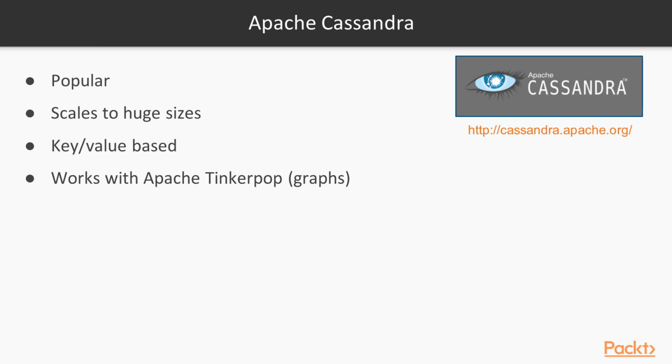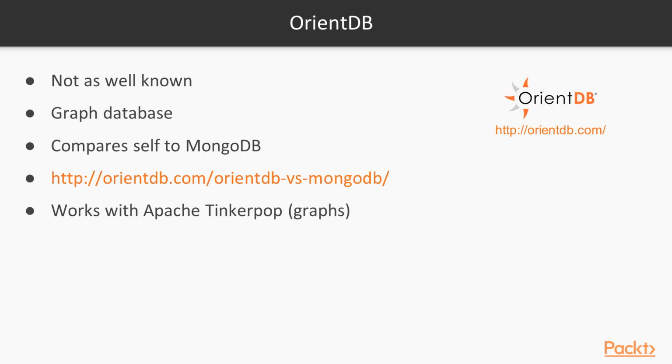And one of the reasons that I tend to use this database is it works with a graph overlay called Apache Tinkerpop to query it using the Gremlin syntax. One other graph database that I tend to use is called OrientDB, which publishes a comparison between themselves and MongoDB on their website, an immediate way to see where they place themselves.